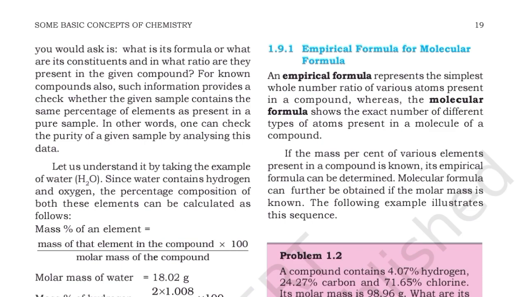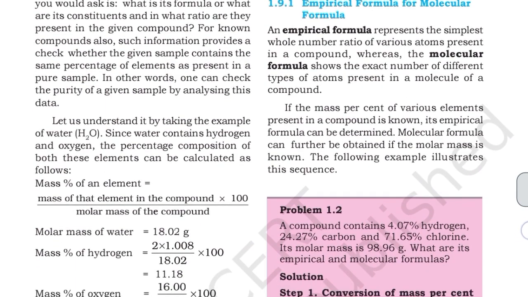An empirical formula represents the simplest whole number ratio of various atoms present in a compound, whereas the molecular formula shows the exact number of different types of atoms present in a molecule of the compound. If the mass percent of various elements present in a compound is known, its empirical formula can be determined. Molecular formula can further be obtained if the molecular mass is known. The following examples illustrate this sequence.